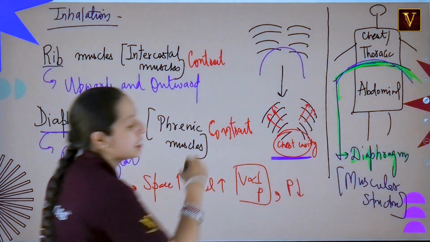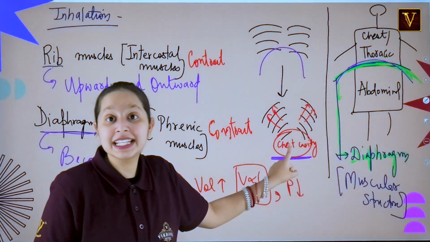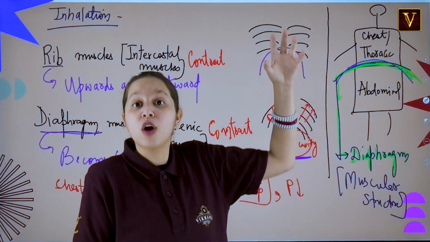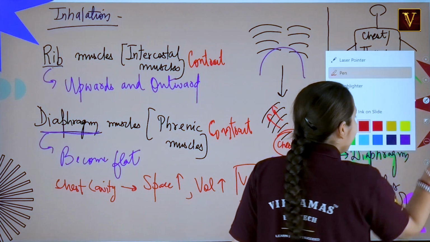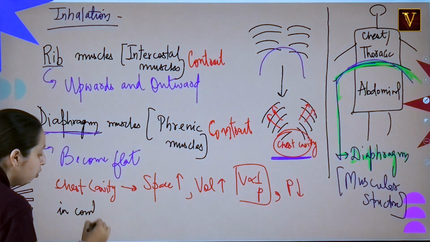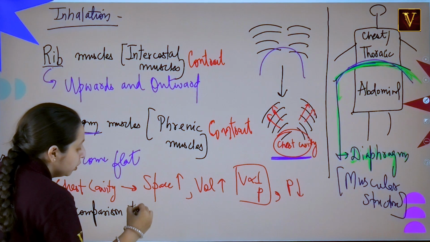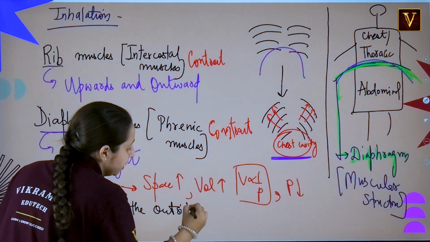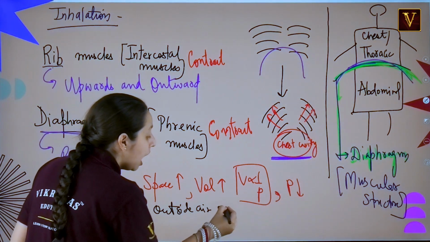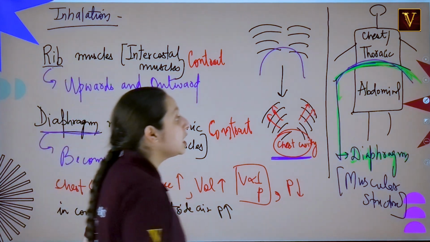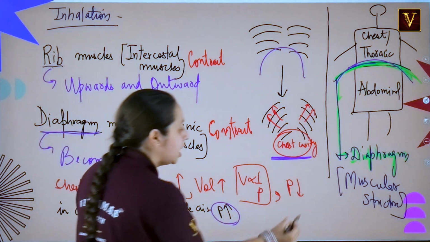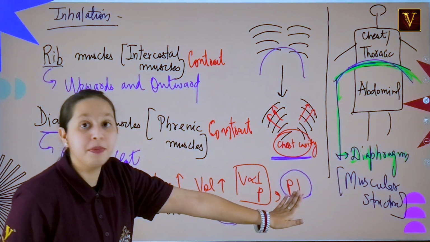Pressure will be less inside the chest cavity in comparison to the outside air. That means the outside air has high pressure in comparison to the inside, where pressure is low.